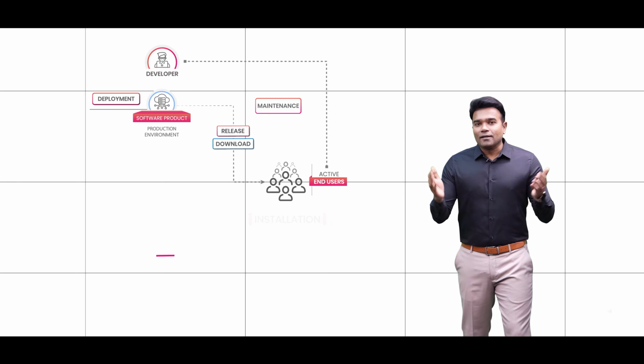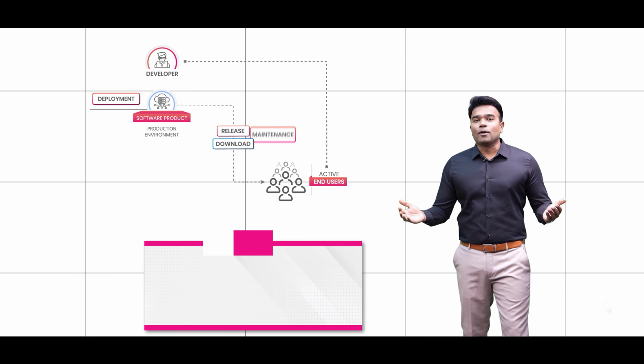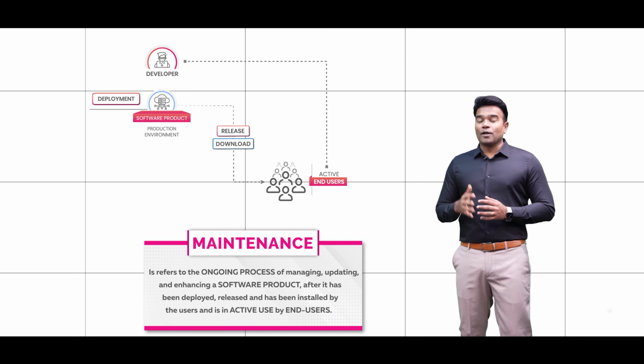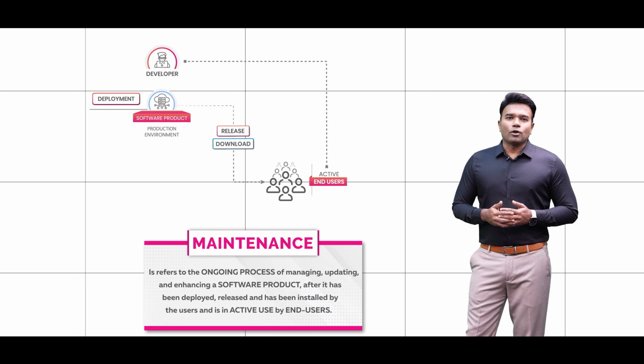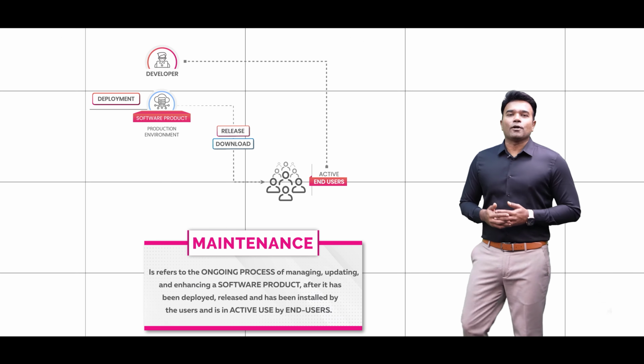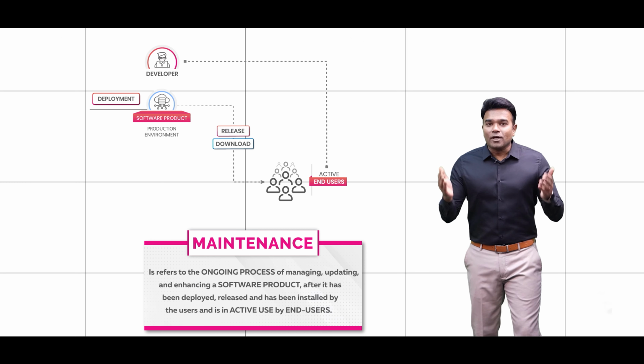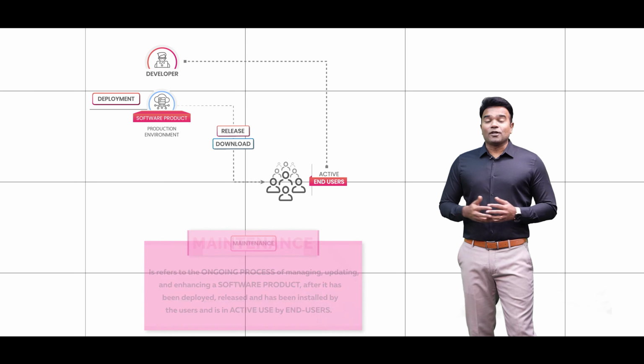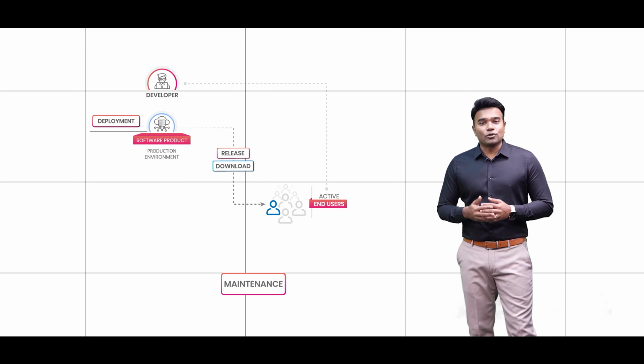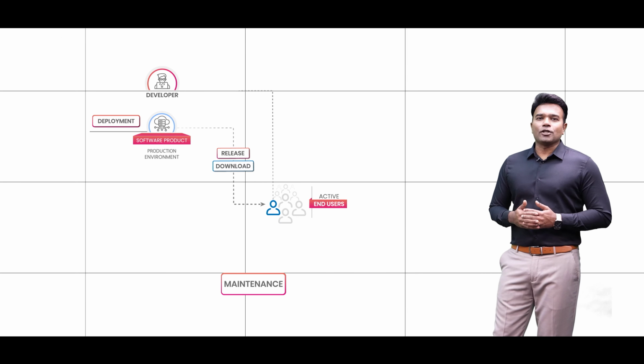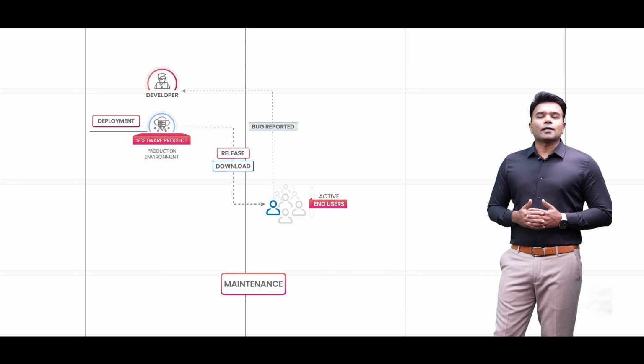What I mean is that maintenance in the software world refers to that ongoing process that the developers keep on doing to update and improve the software even after it's been deployed and is in active use by the users. Normally, when the users are using the software applications, they tend to notice a few bugs in it.